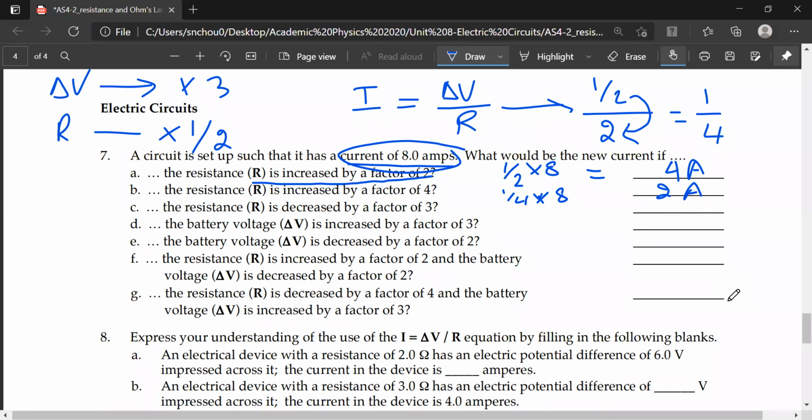Nick, you got it right. Ben, think about it again. Tyler, think again. Again, I'm just interested in the factor by which the current is going to change. Don't worry about the 8 amps yet. Cody, correct? Anyone else?